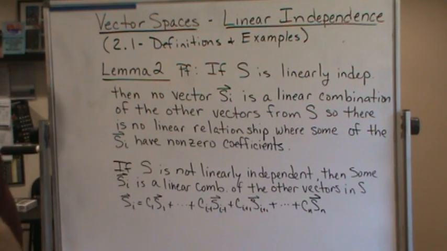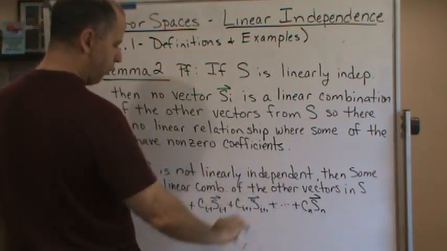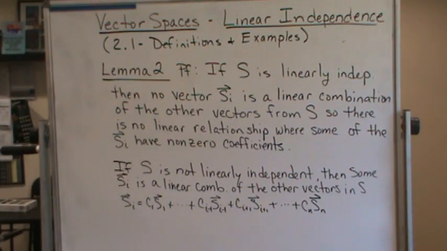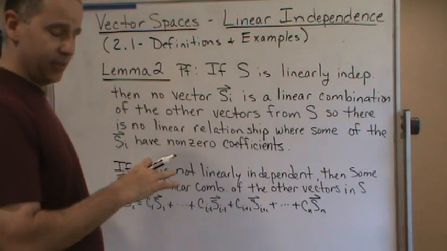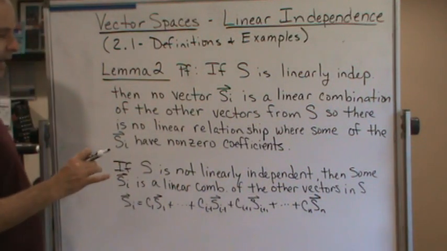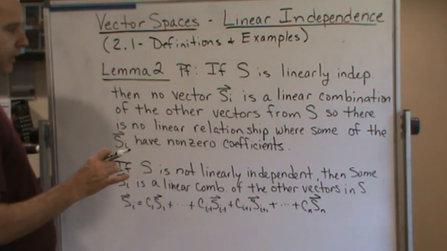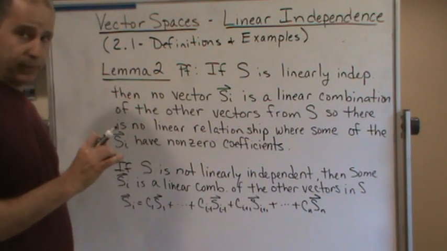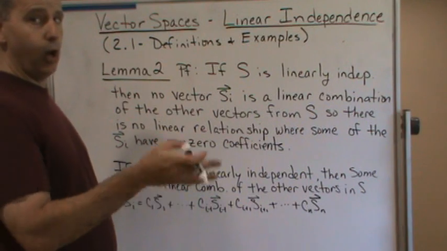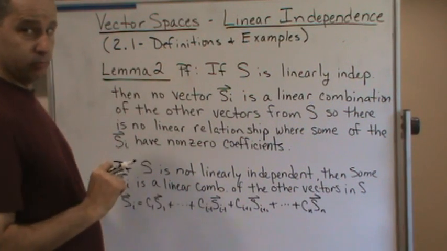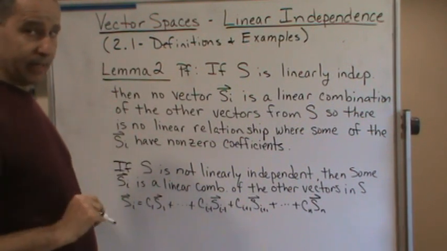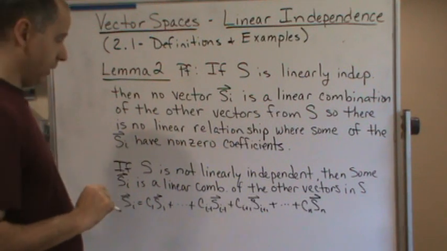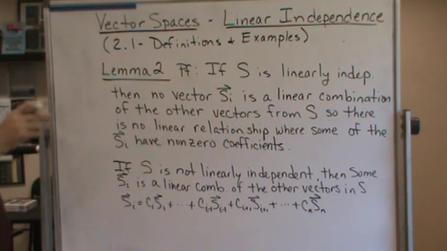We want that to lead to the fact that if it's not linearly independent, then there won't be a relationship where all the coefficients are zero. In other words, we'll be able to find a non-zero coefficient in that relationship.